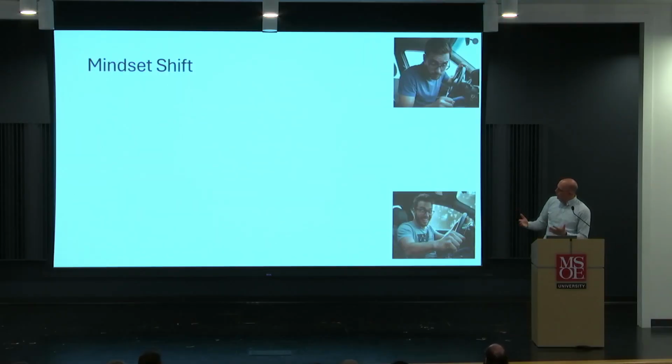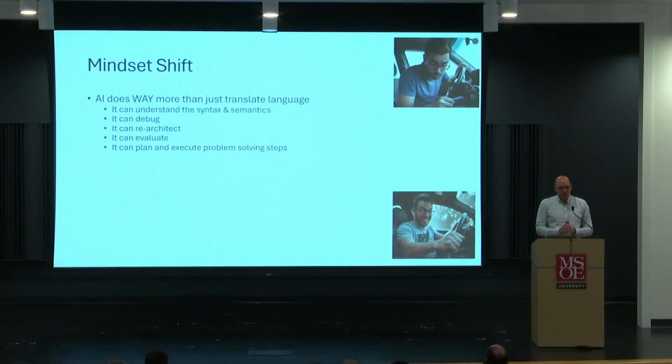So the mindset when it comes to software development is shifting, because these LLMs do way more than just translate language. In fact, one of the early value adds was that they could translate between syntactic and semantic understandings really well. But now, if we apply these to software development, they can understand the syntax and semantics of a software language, or multiple languages, to translate between languages.